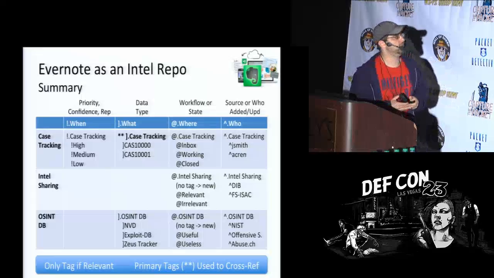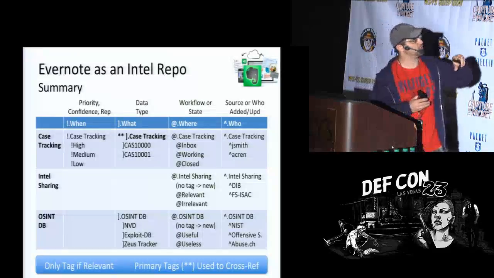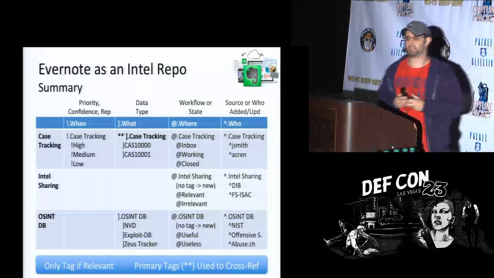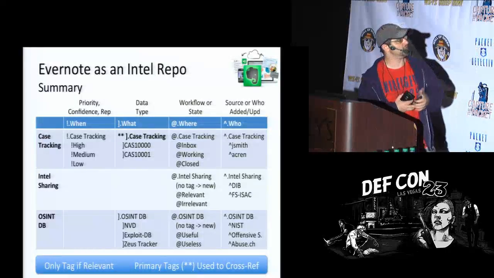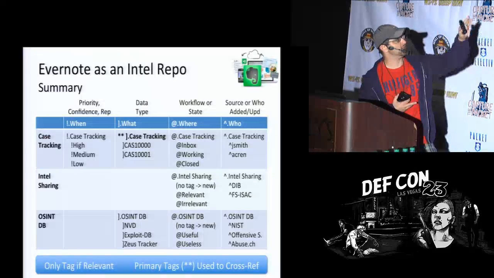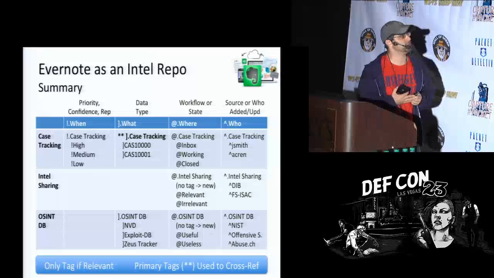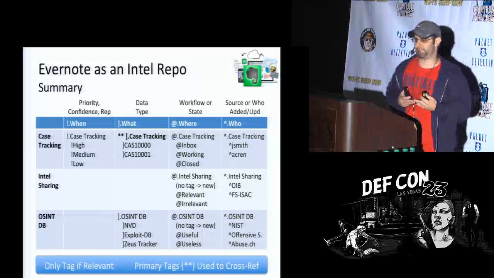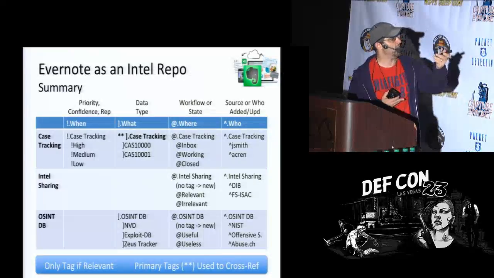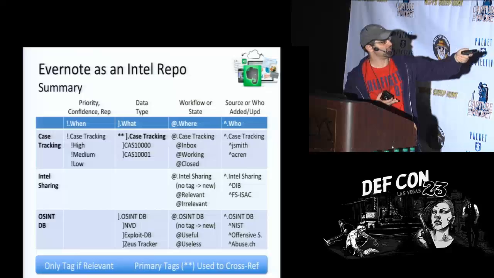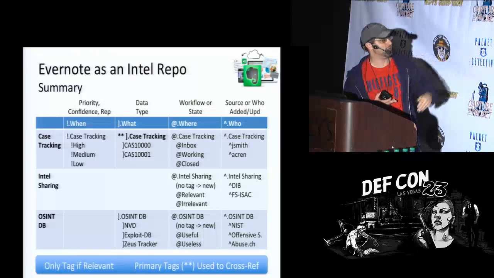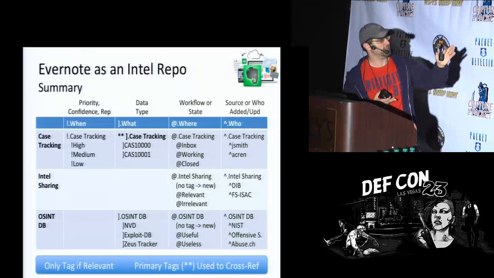So this was my kind of quick cut at creating, using the secret weapon, who, what, when, where philosophy. And so I tried to customize it some, where "when" represents a priority or the confidence of the information that you got. The "what", you would have case tracking, and for the OSINT DB, you could have the source.